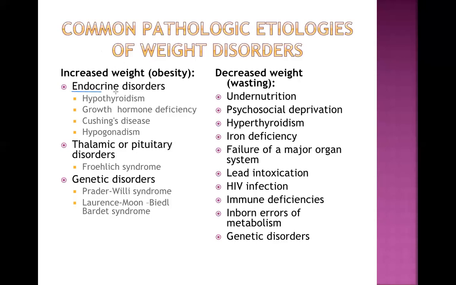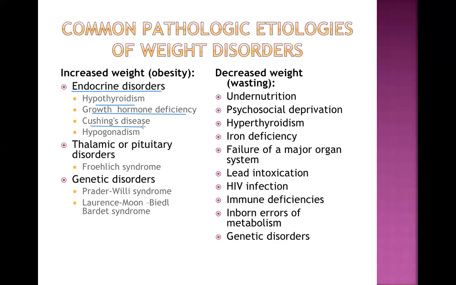See here, these all are endocrine disorders. Hypothyroidism means decreased thyroid hormone level. Growth hormone deficiency is a very common cause of dwarfism. You must have heard this term dwarfism, because of decreased growth hormone.